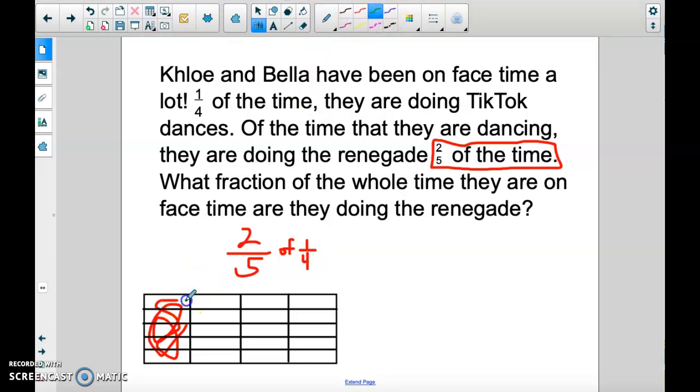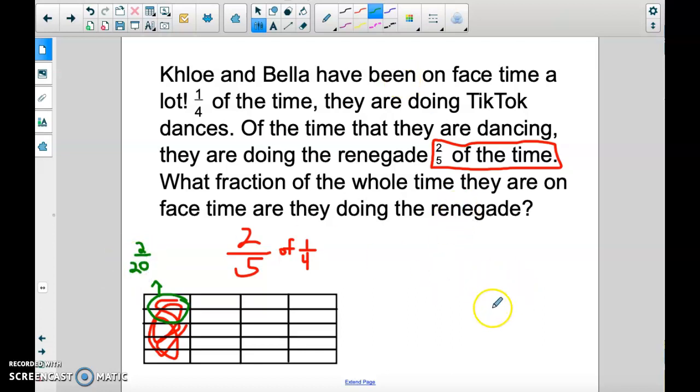So that would be right here, which would be 2 out of, if I count these all up, 1, 2, 3, 4, 5, 5, 10, 15, 20. 2/20ths.